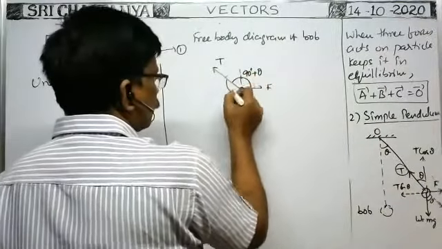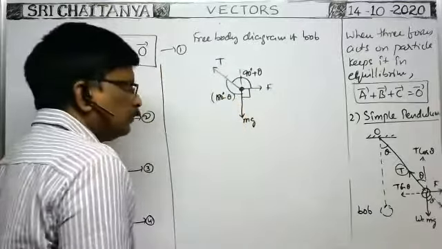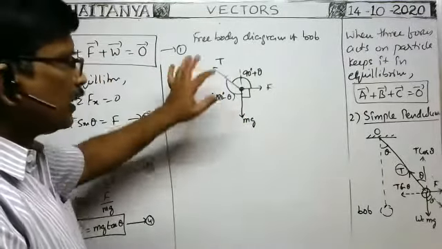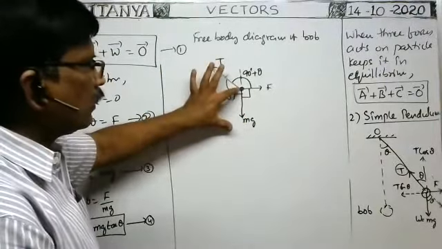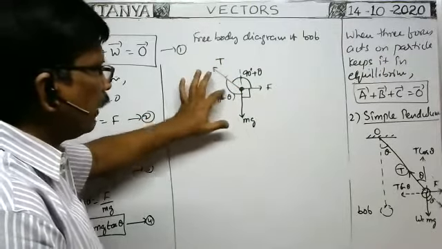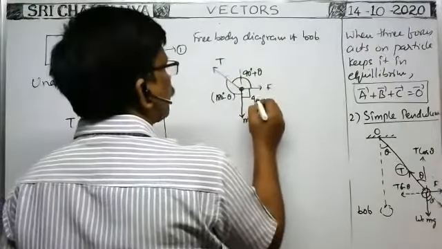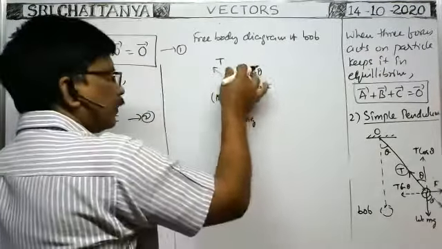So this is 180 minus theta. So three forces act on a particle simultaneously in different directions, with angles between them of 180 minus theta, 90, and 90 plus theta.